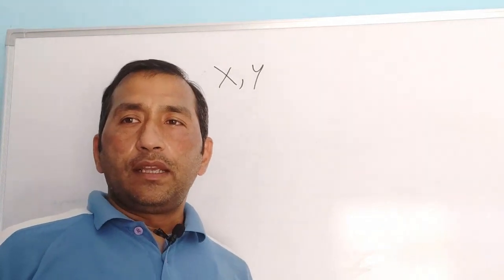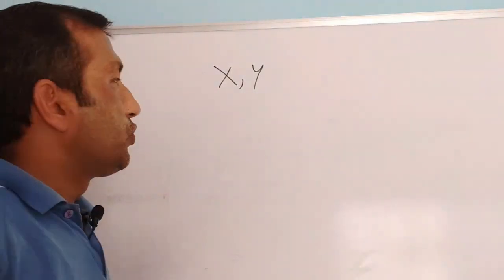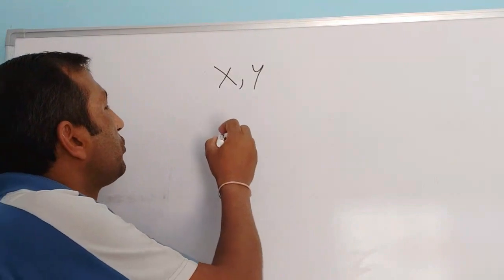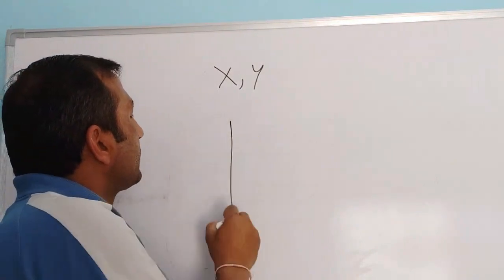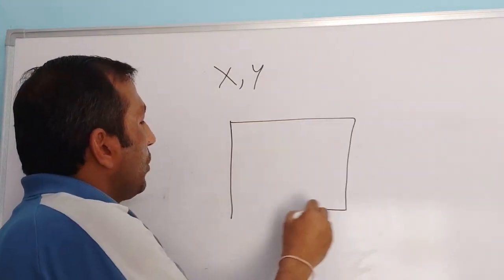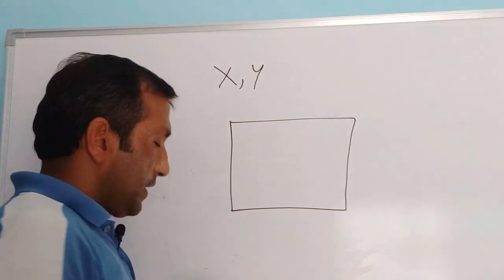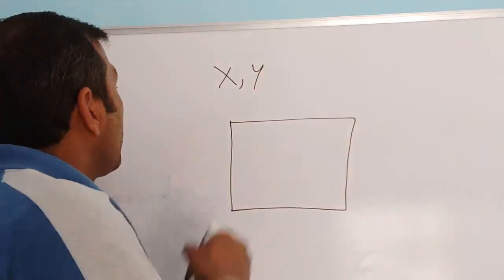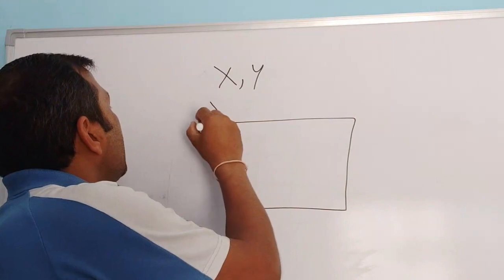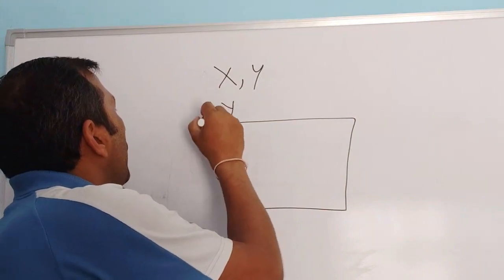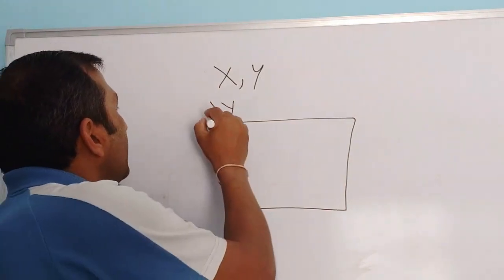To draw a 2 variable K map, it's a square box, or a number of boxes. So this is its x axis and this is its y axis.